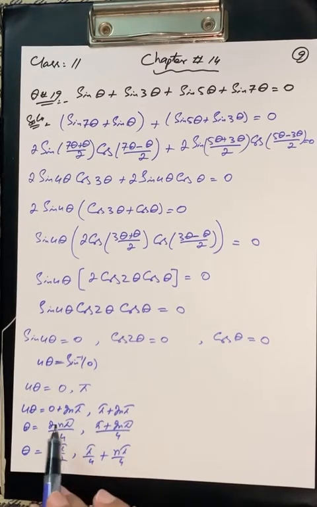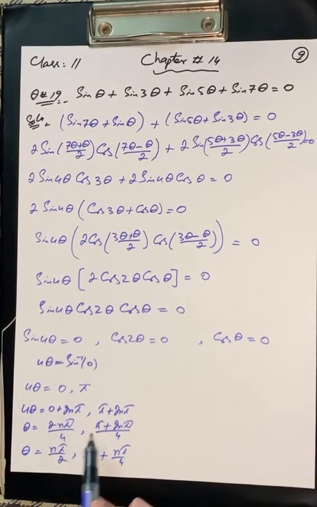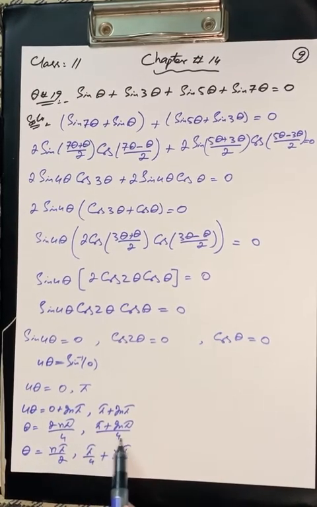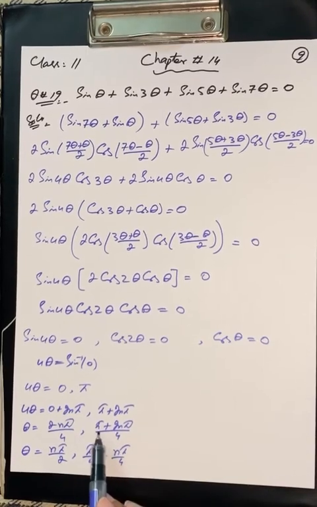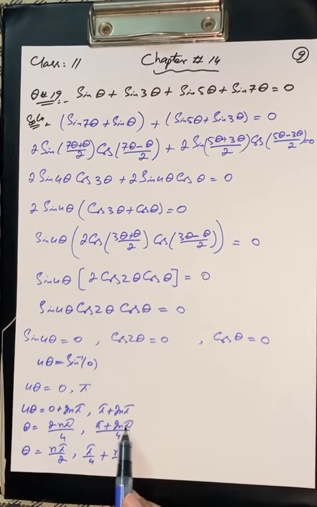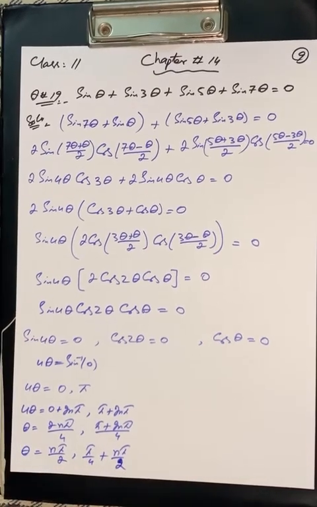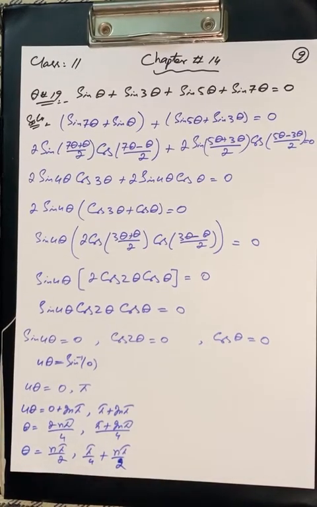So I directly write 2n pi by 4, pi plus 2n pi by 4. Here 2 cancels with 4, it becomes n pi by 2. We separate these fractions: pi by 4 separately, plus 2n pi by 4, where 2 cancels with 4, it becomes n pi by 2.